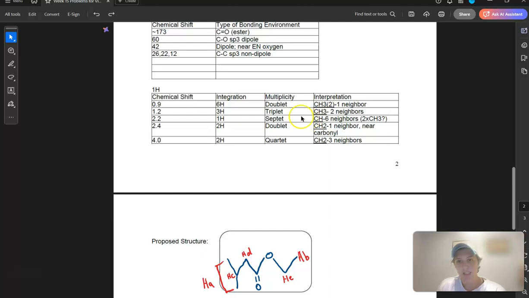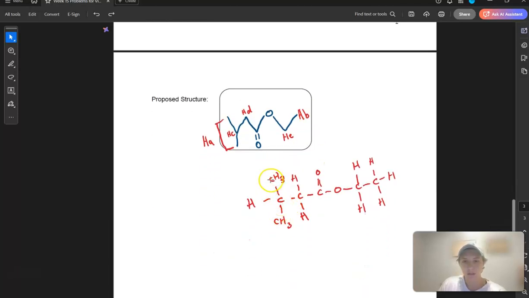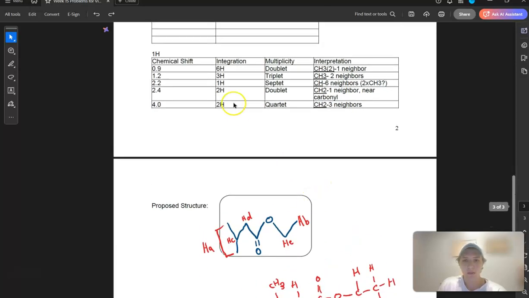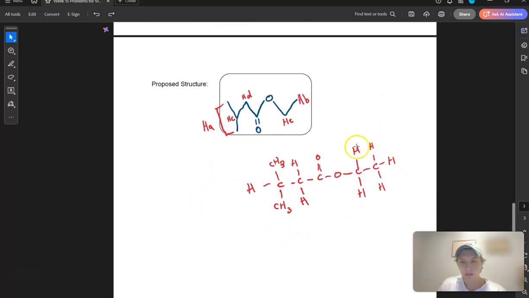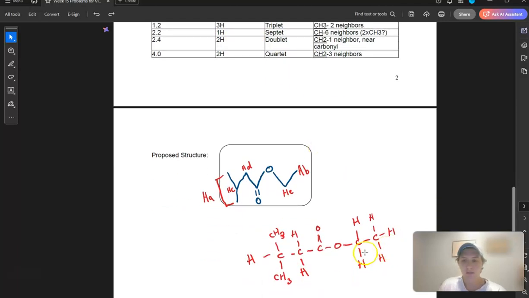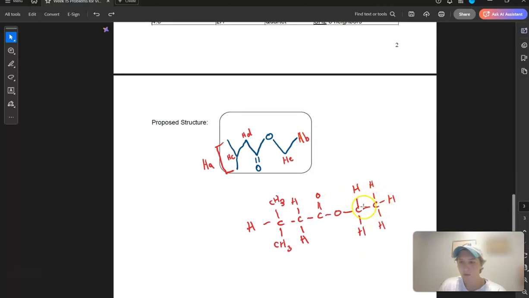And it's a septet, so it has six neighbors. I went ahead and thought two CH3s, possibly two methyls. So it works with the CH. It has two more bonds to make. So I put a methyl on either side and then went up to confirm because I already had it built out. When I went back up to the table at the 1.2 chemical shift, three hydrogens. So there's that methyl on the end here, and it's a triplet, so it has two neighbors. That works.